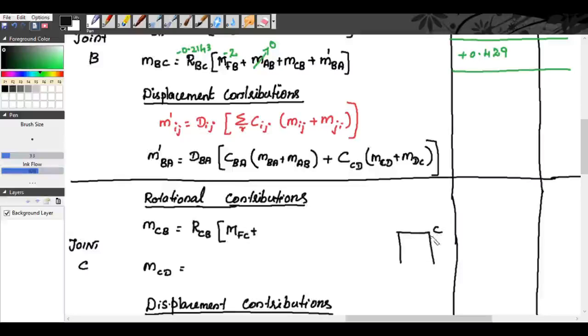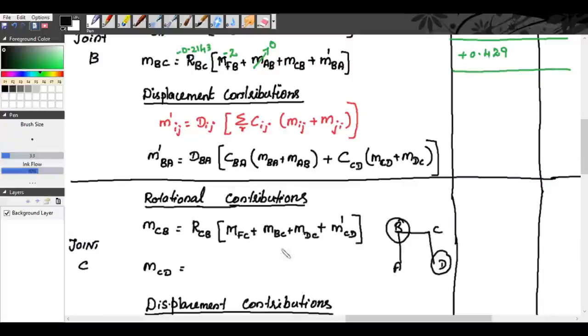So when you take C, D, B, A, the neighboring joints are B and D. So it is MBC plus MDC. Plus, at joint C, the displacement contribution from the neighboring column. Here the neighboring column is CD. So the rotational contribution is from CD, that is M dash of CD.